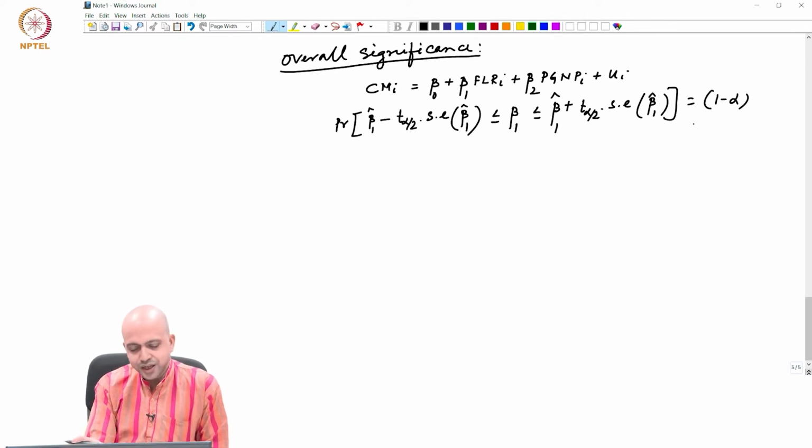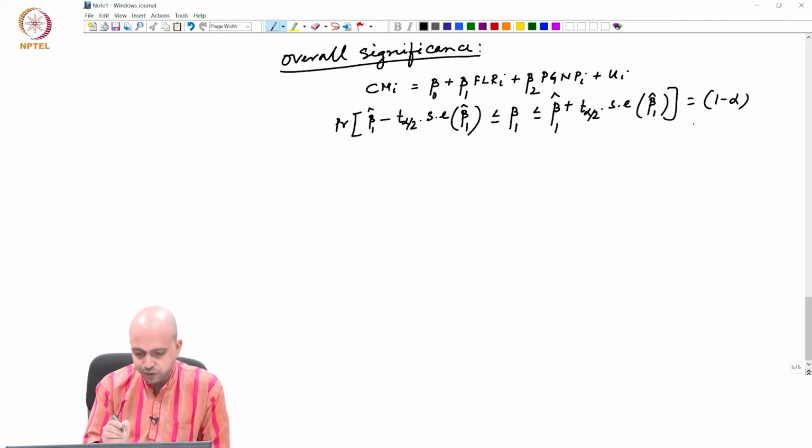So, we will construct the interval and we will see whether the interval captures the hypothesized value of the true population parameter. That is how we check the individual significance of the variable.